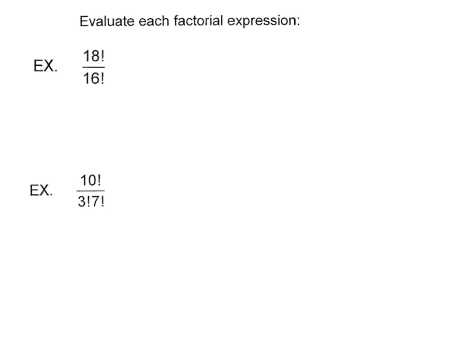So these problems say evaluate each factorial expression. I have 18 factorial over 16 factorial. So we're going from 18 down to 1, multiplying consecutive integers. After you've practiced a while with these, you can figure out some of your own little shortcuts so you wouldn't necessarily have to write all this out.